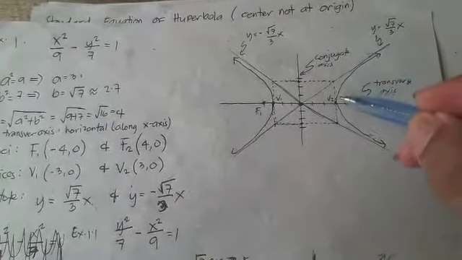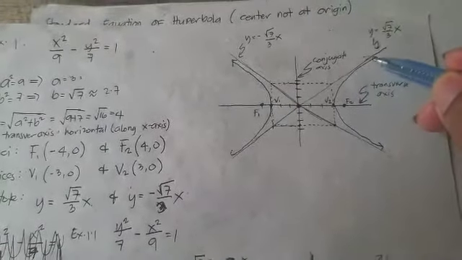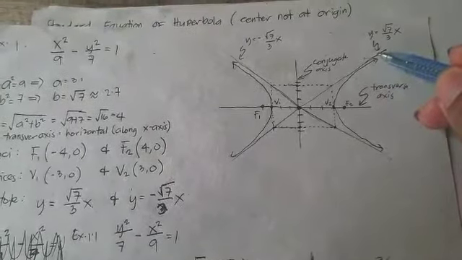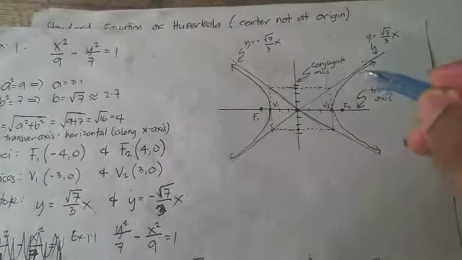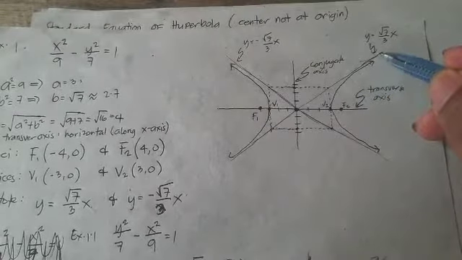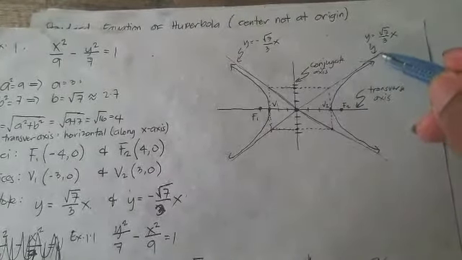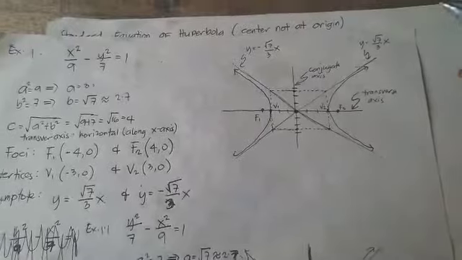Make sure that the hyperbola does not intersect or touch the asymptote. That serves only as a guide, but it does not mean our hyperbola will touch the asymptote.